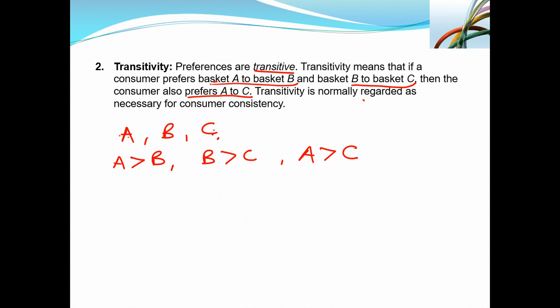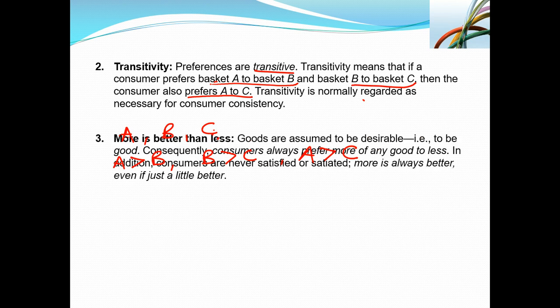With transitivity, all we are saying is that the consumer has to be consistent in reporting his preferences. That's the second property.